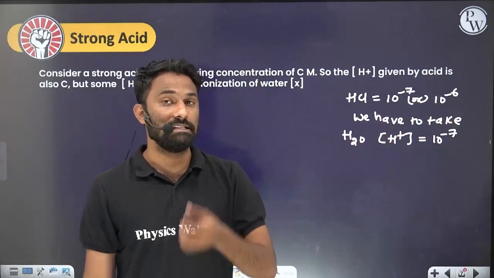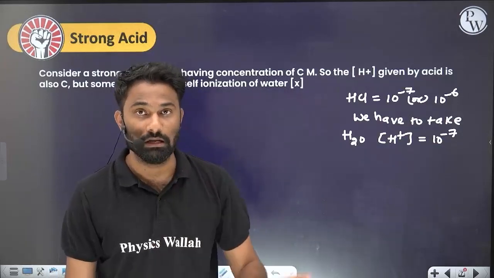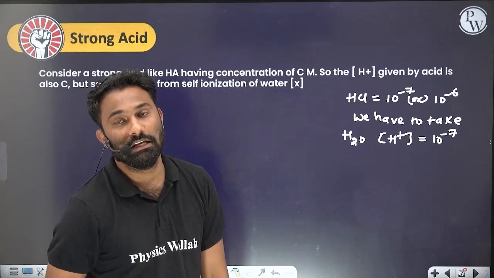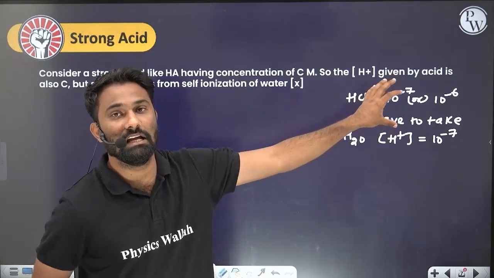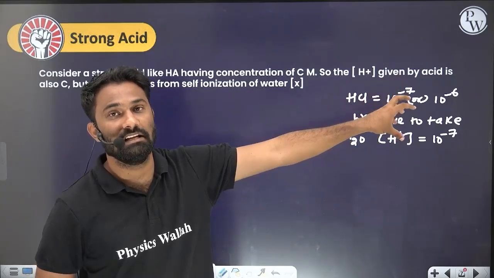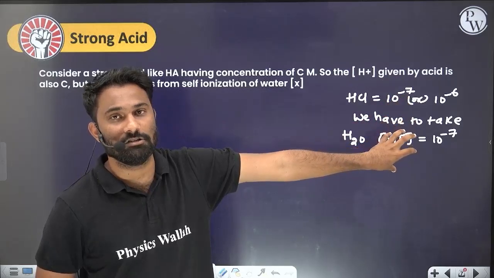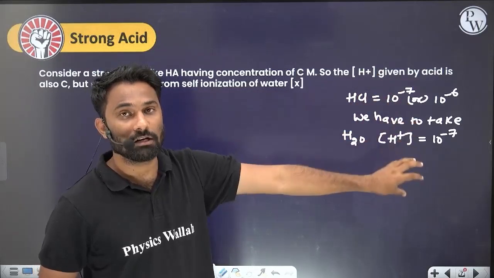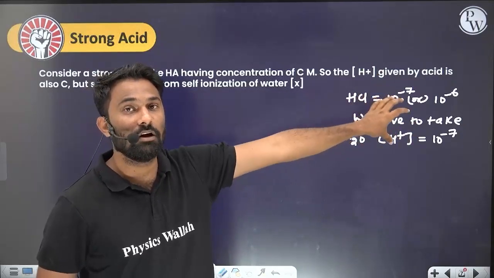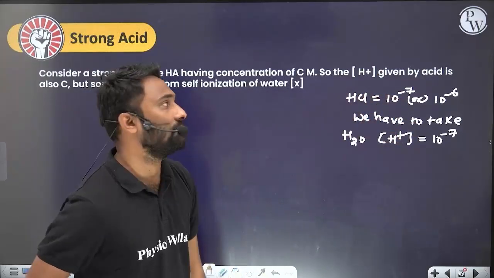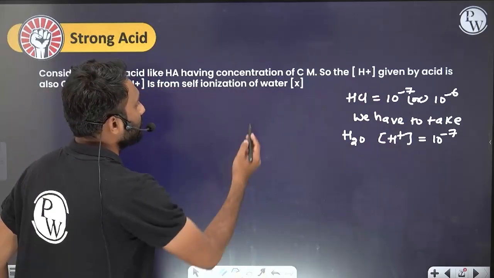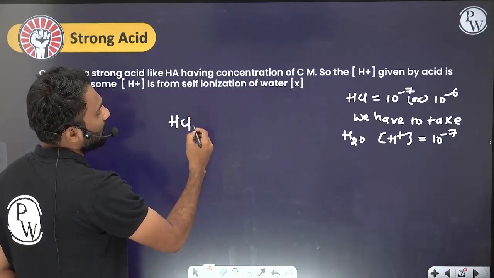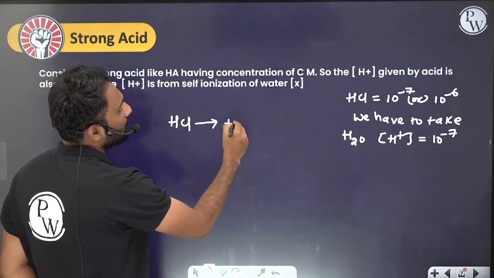If the acid H plus ion concentration is more, then we can neglect the H2O concentration. If the acid concentration and water concentration are the same, we cannot neglect the H2O concentration. Strong acid is a strong electrolyte, which means it will completely dissociate.